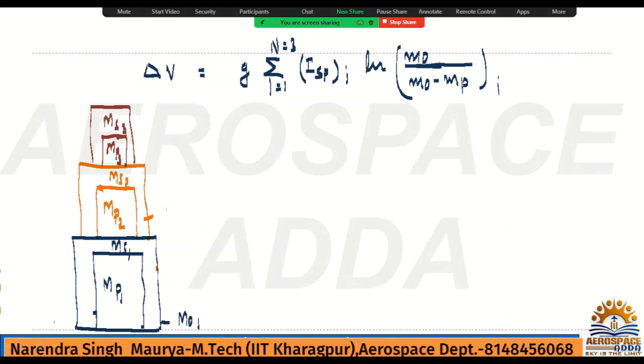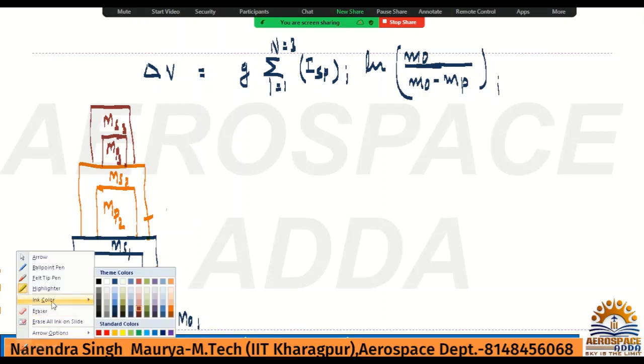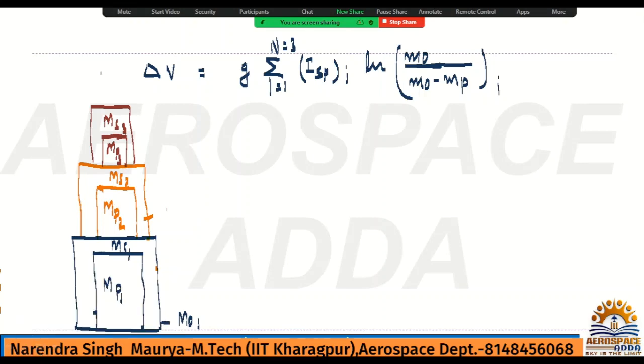And finally this is the payload, and this payload is nothing but ML.